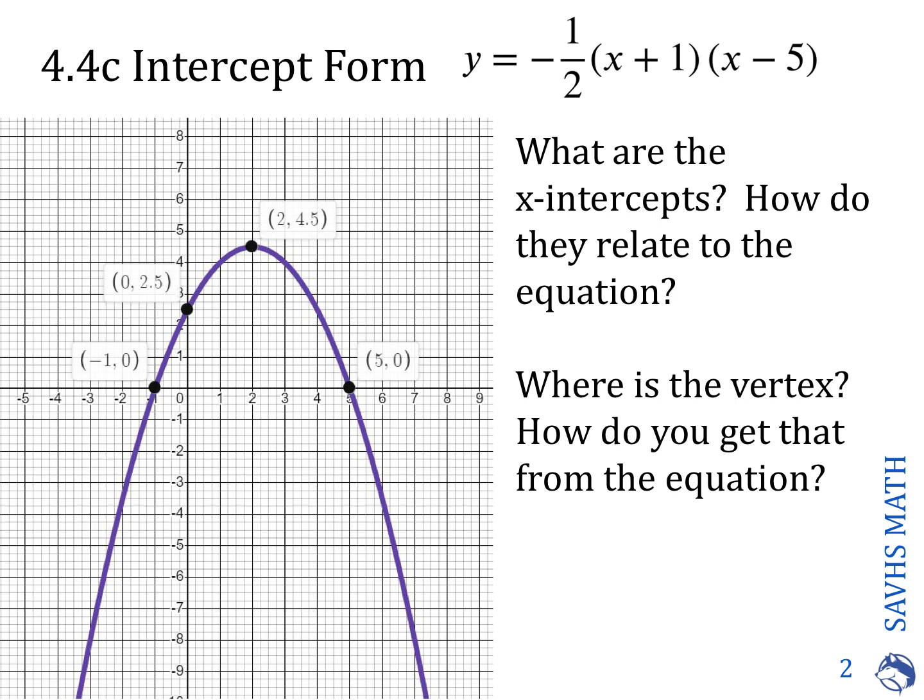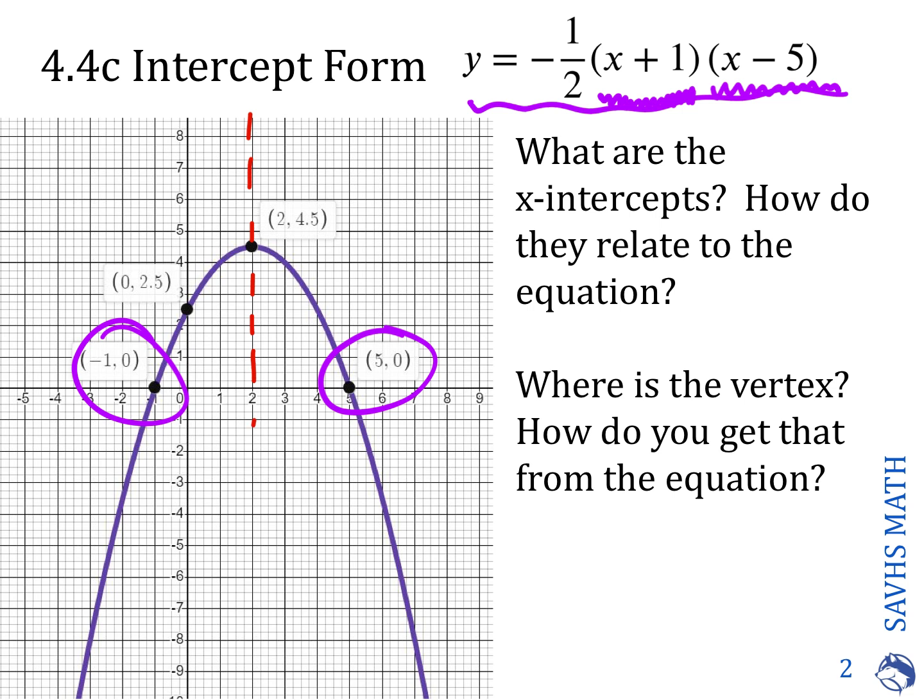So Intercept Form looks kind of like this, and what it does is it tells us where the graph crosses the x-axis. The nice thing here is that we see how 5, 0 relates to this x minus 5 factor, this negative 1, 0 relates to this x plus 1 factor, and then we can use the fact that we have a line of symmetry across the middle of the graph to see where the vertex would be, which is halfway between negative 1 and 5.